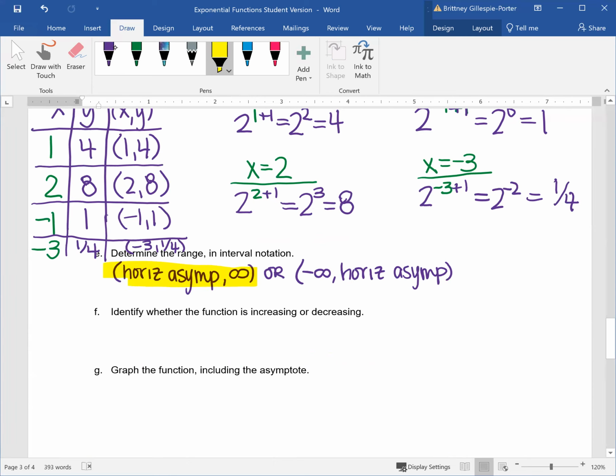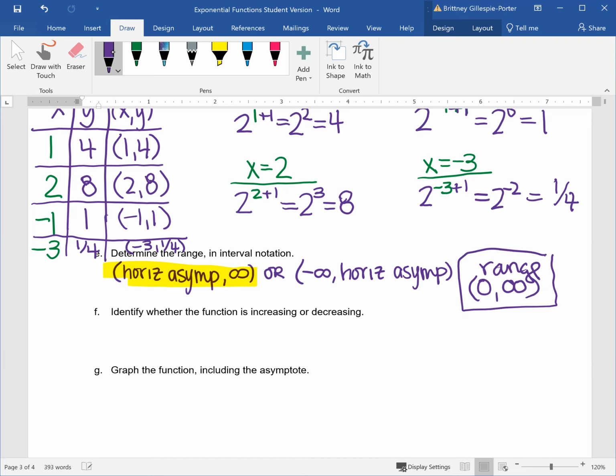which means that our range is going to be 0, infinity. If you're having issues writing your infinities, don't worry, mine never look very good. If you need to, draw 2 little circles next to each other. And we saw when we were plugging in more positive values for x, we got bigger and bigger values for y.